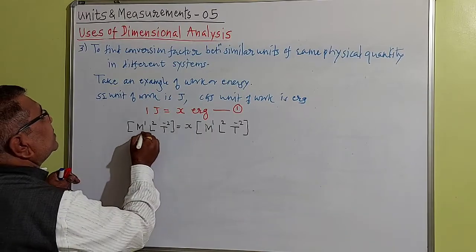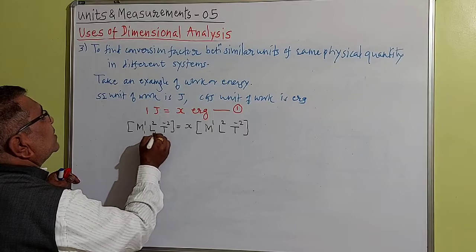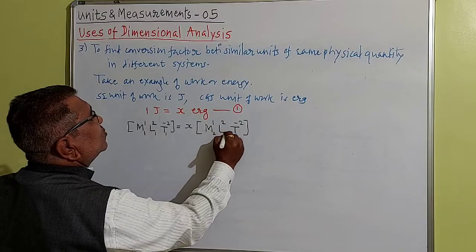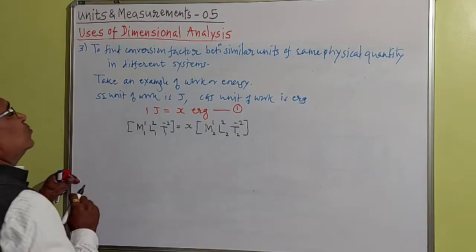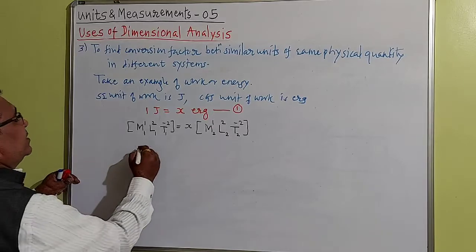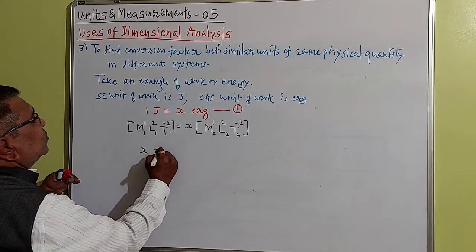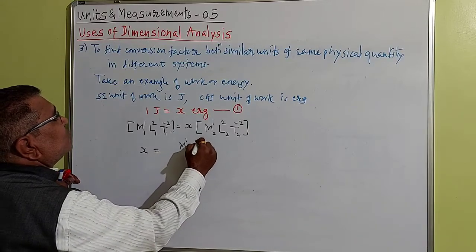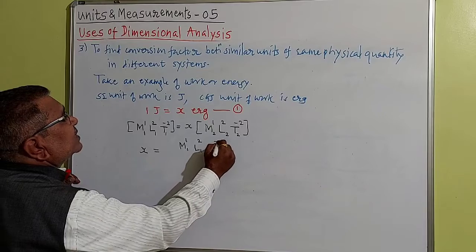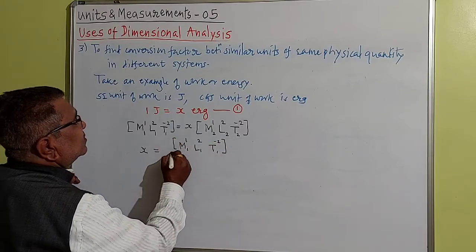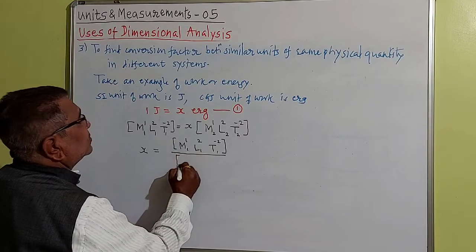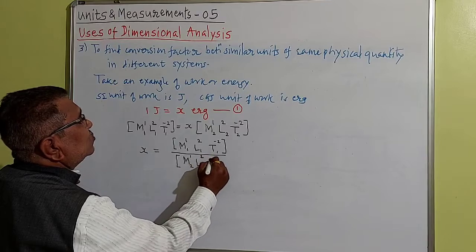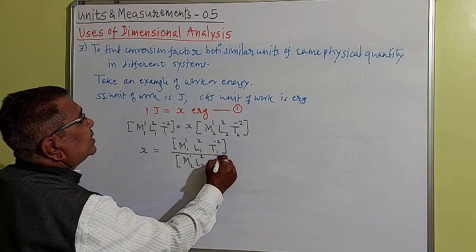To differentiate between these two, we can write like this: M1 L1 T1, and M2 L2 T2. So here X is equal to M1 to the power 1, L1 to the power 2, T1 to the power minus 2, upon M2 to the power 1, L2 to the power 2, T2 to the power minus 2.